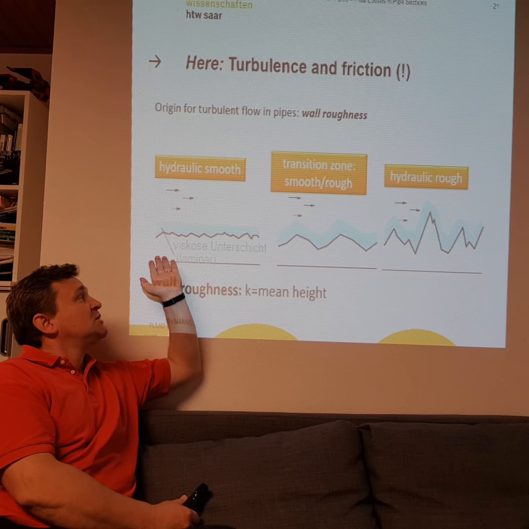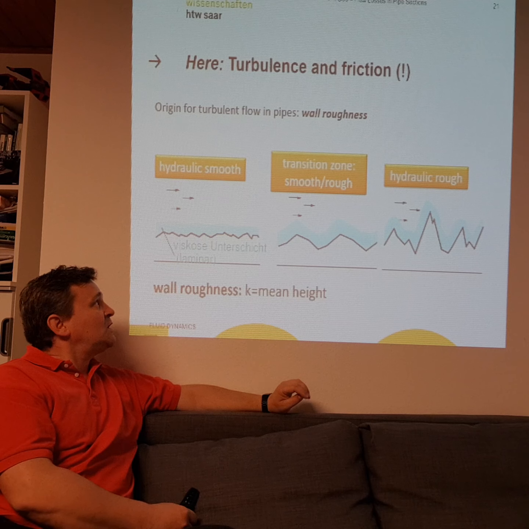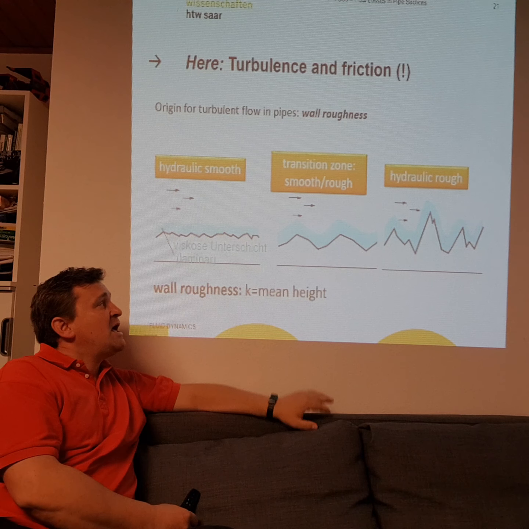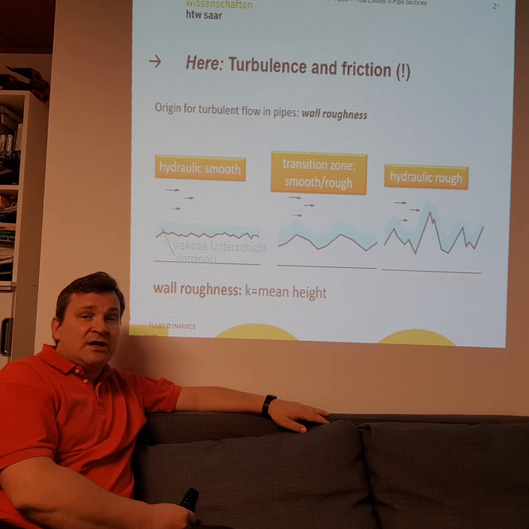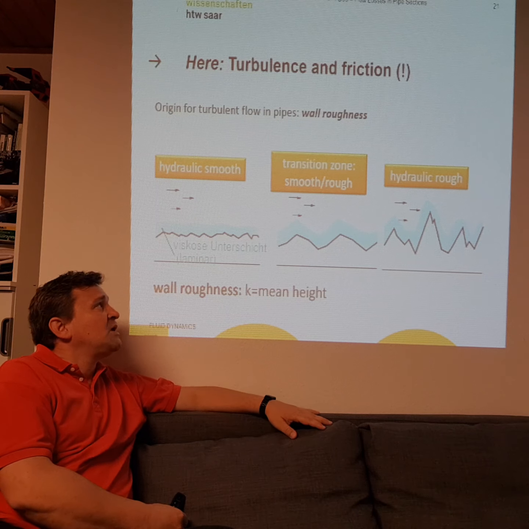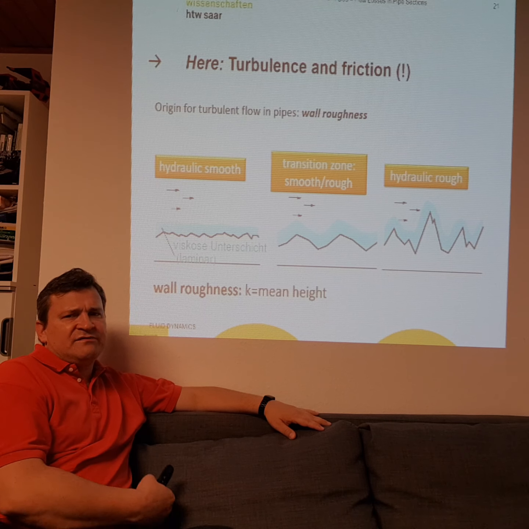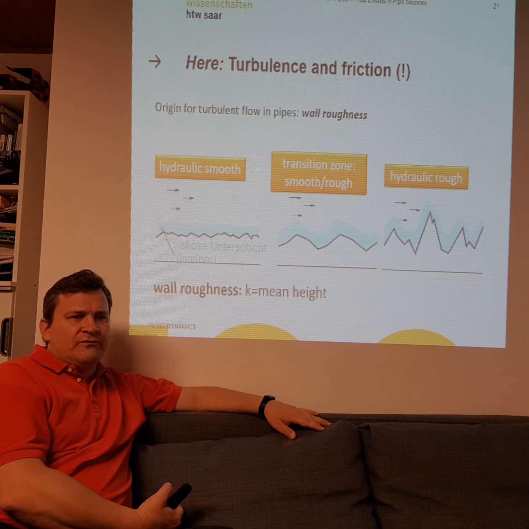You have a boundary layer over the flow, and if the roughness is not too high and the boundary layer is bigger than the roughness, then you have a smooth wall and will have no pressure drop on the wall.